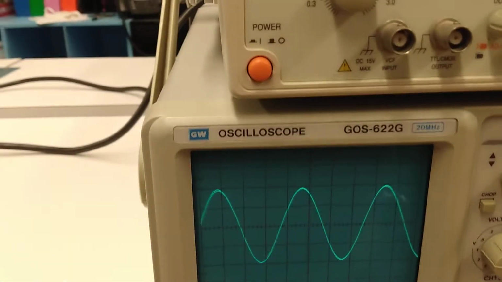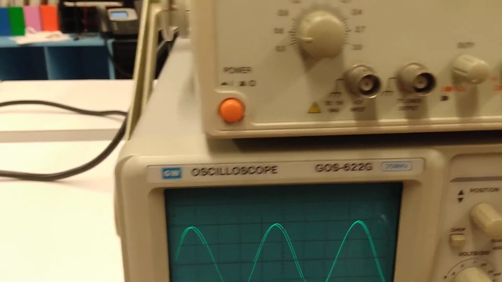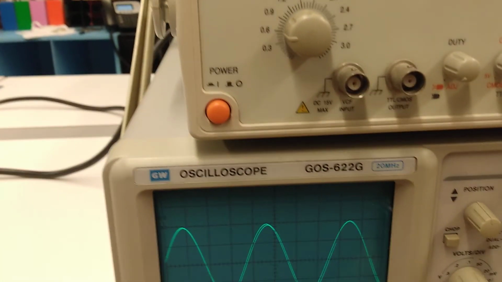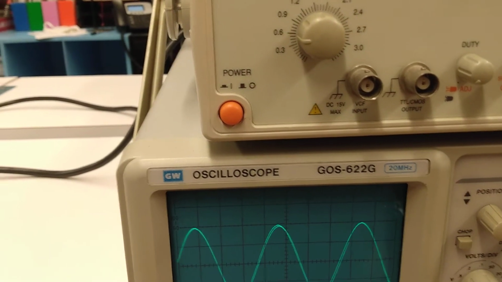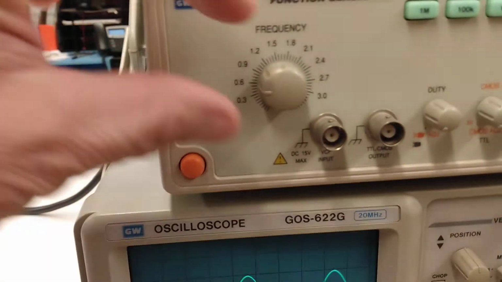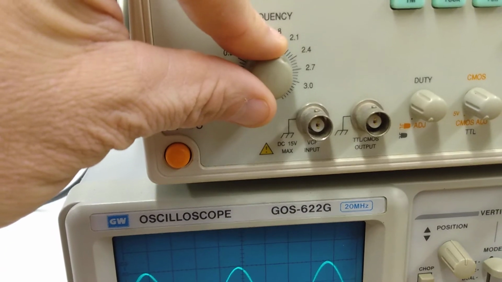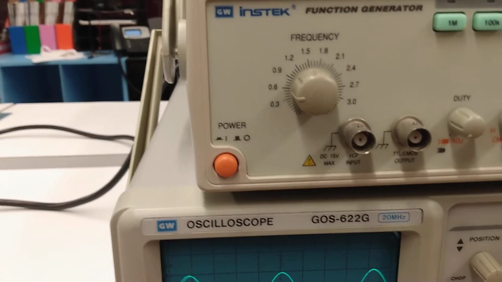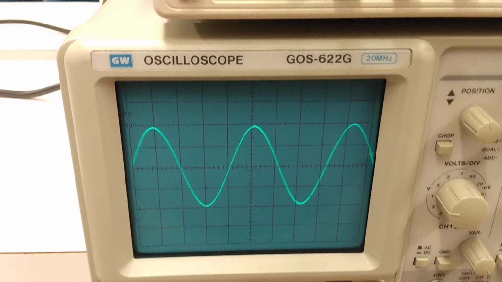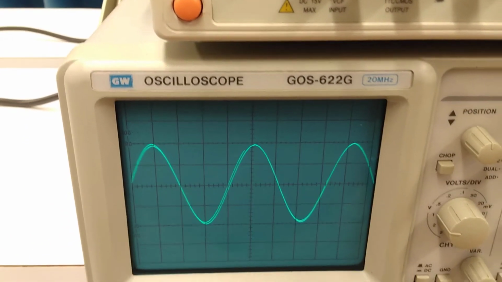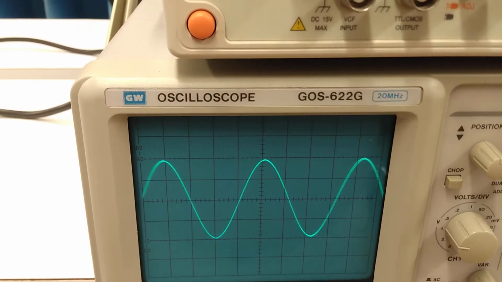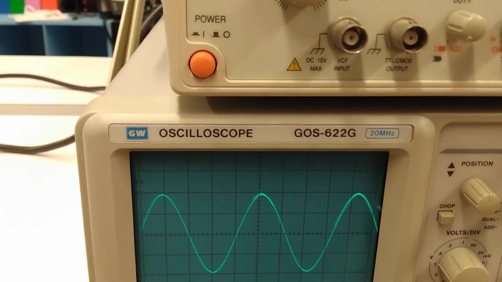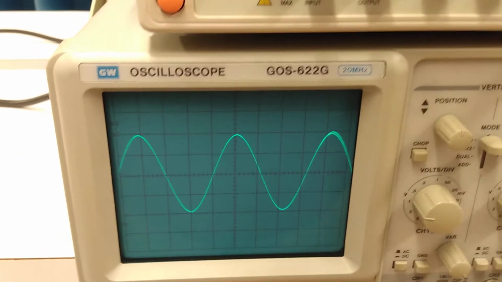And really what we're looking for is, if it's 500 hertz, it's going to take us 2 milliseconds to complete a whole cycle. So we can fine tune our signal here. I just adjusted the frequency knob there, so we are seeing exactly 500 hertz. Now I can change the trigger level if I need to.